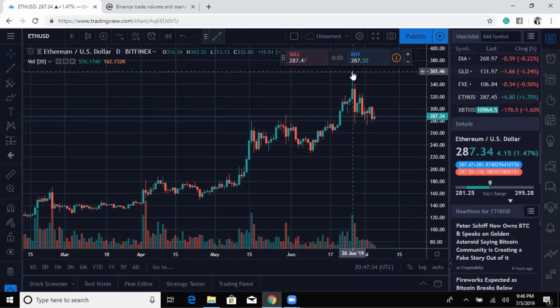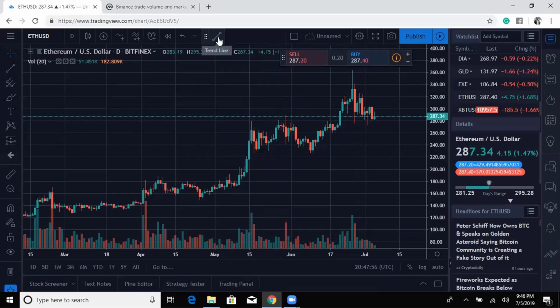And so when you're drawing your trend lines, all you simply need to do is to just look at the top of the trend and then the bottom of the trend. So let me just do that real quickly.